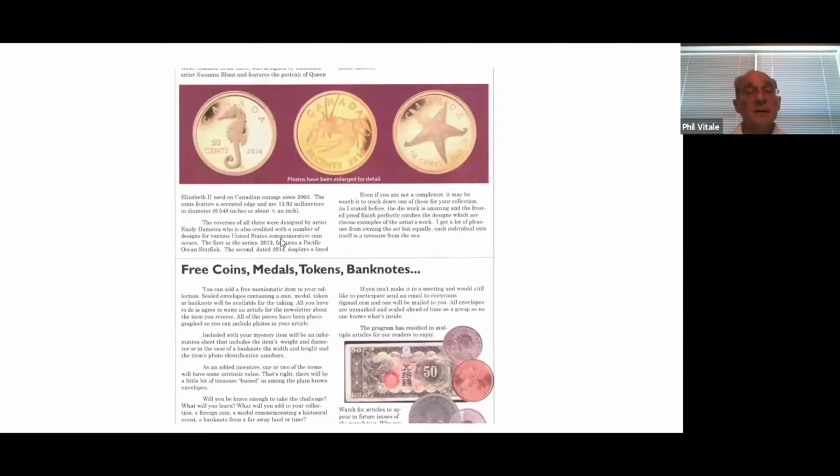Okay, now we're going to go back to the Cincinnati publication because this is just excellent as far as putting in photos. I don't know how David could have done this article on sea creatures on the Canadian 50-cent pieces without having pictures of them.